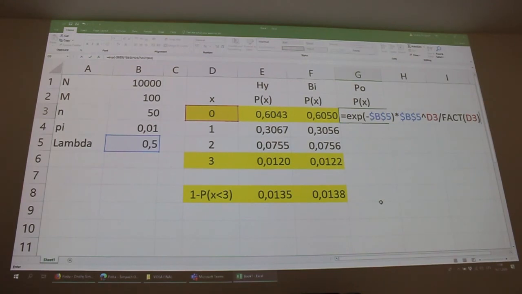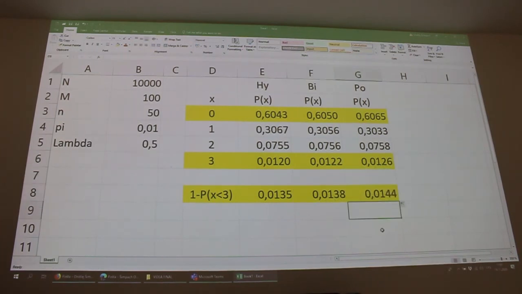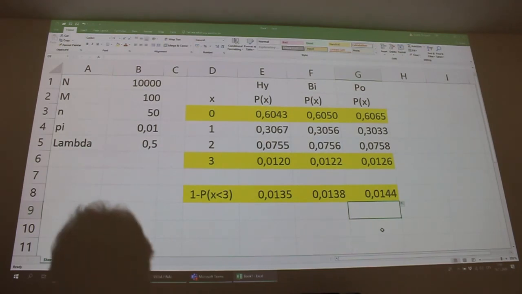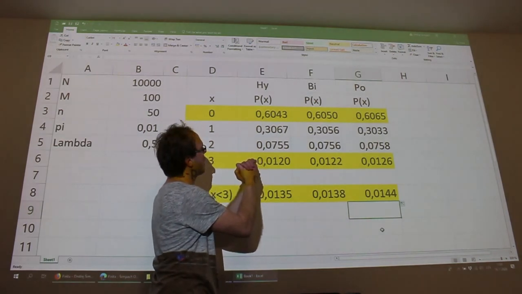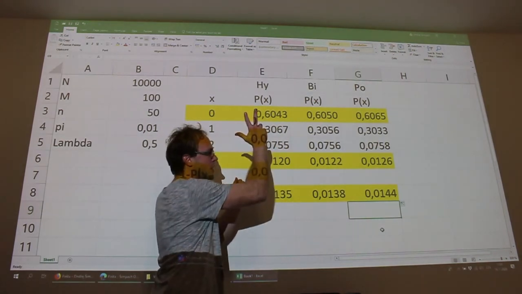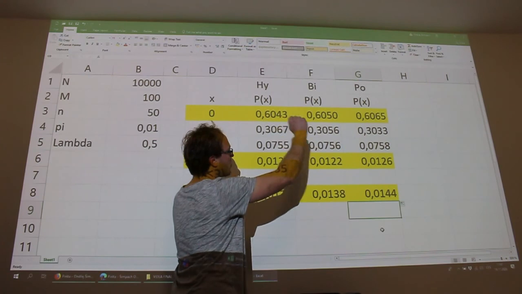This simple function is the probability function of the Poisson distribution, so you can copy the formulas. This is our response A, this is our response B, and this is our response C. So we solved this example according to 3 different probability distributions: hypergeometric, binomial, and Poisson.